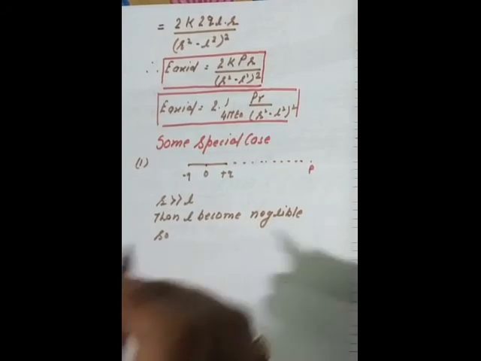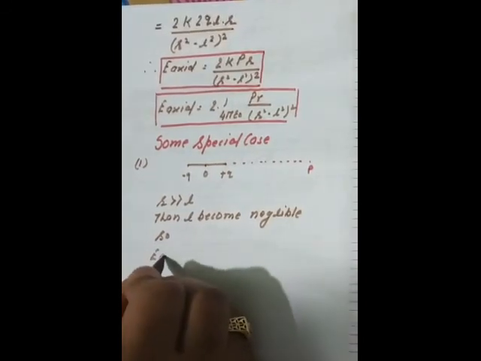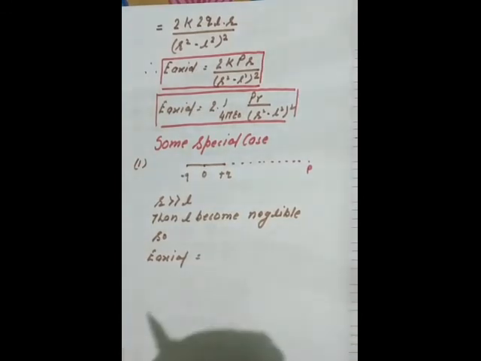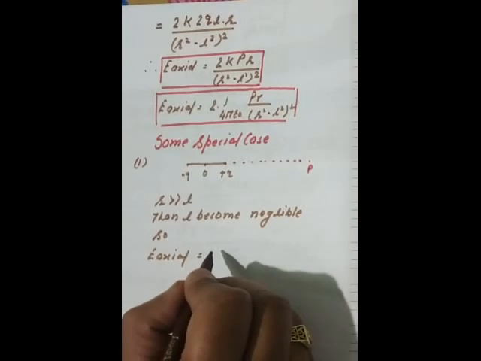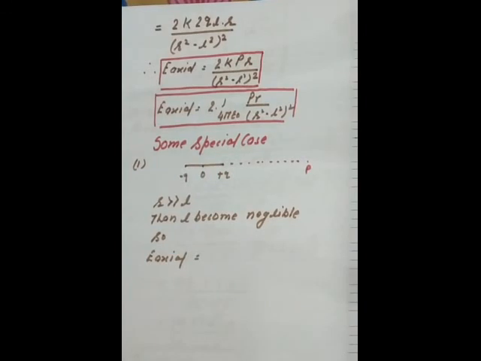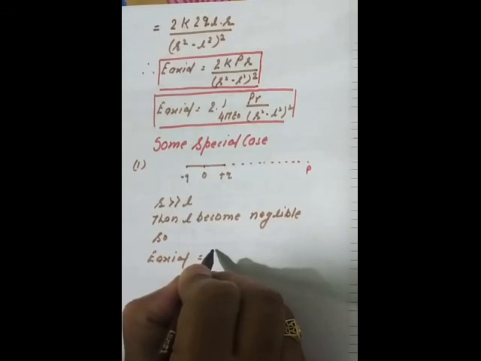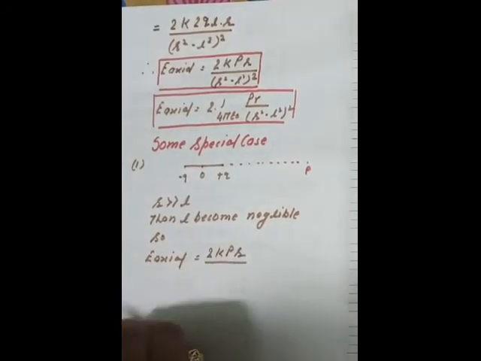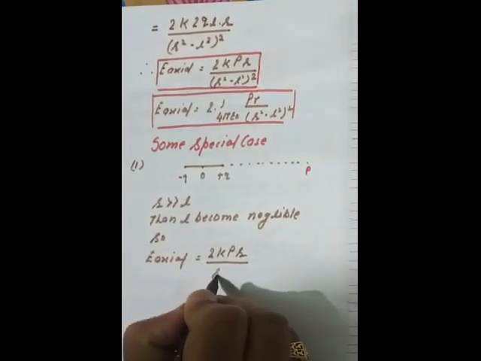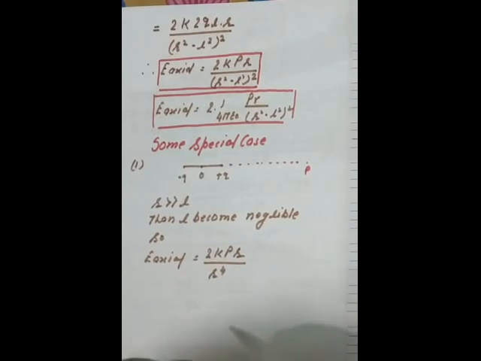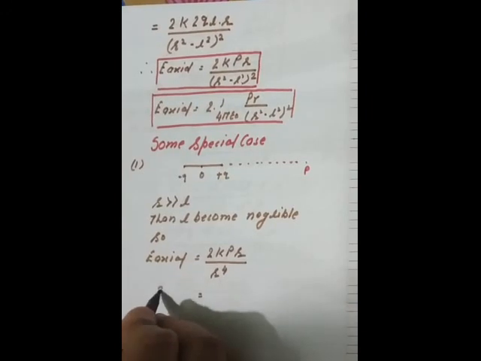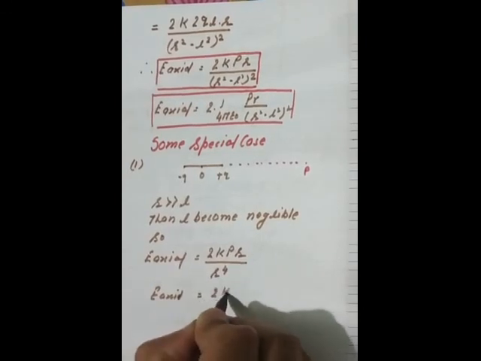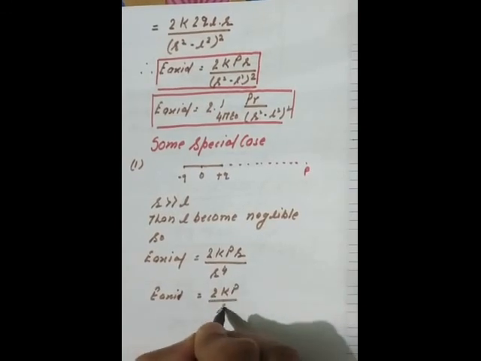So electric field at axial position equals to K. What is the value of electric field? 2KPR upon the L became negligible, so here it will become R to the power 4, or electric field at axial position became 2KP upon R cube.